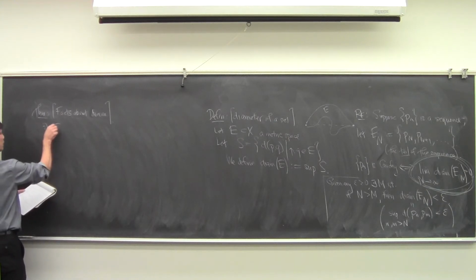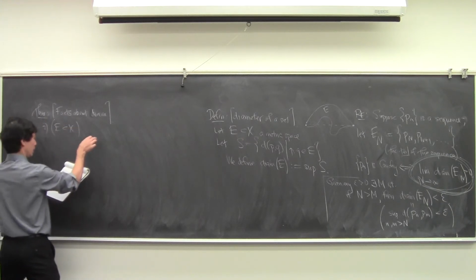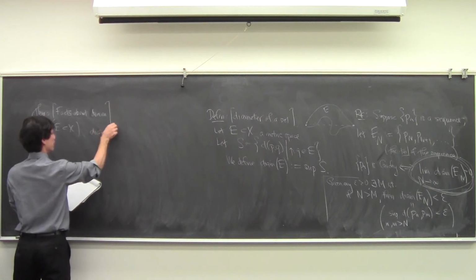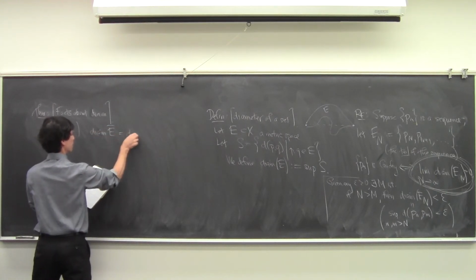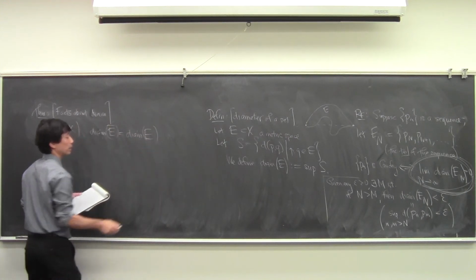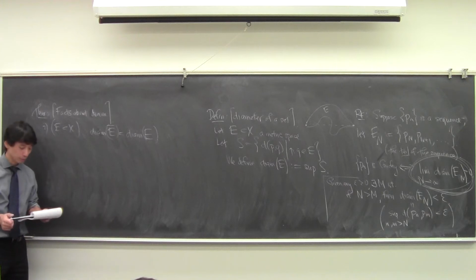First, the diameter of the closure of a set is the same thing as the diameter of the set itself. So when you close a set, you don't change its diameter.